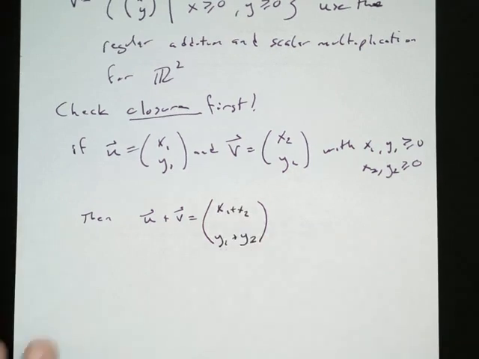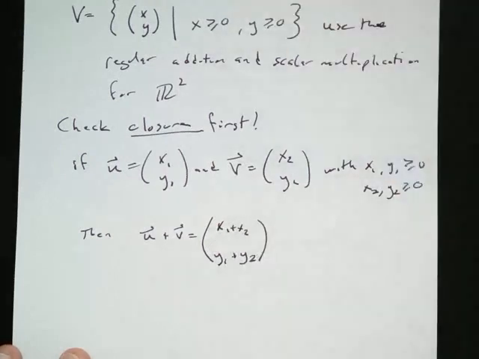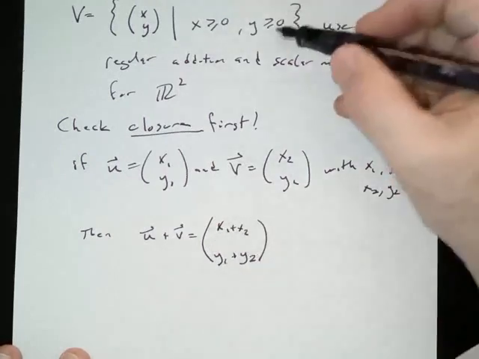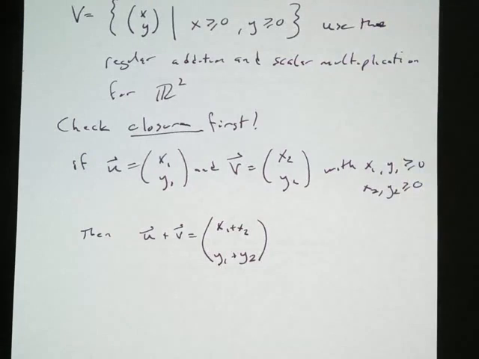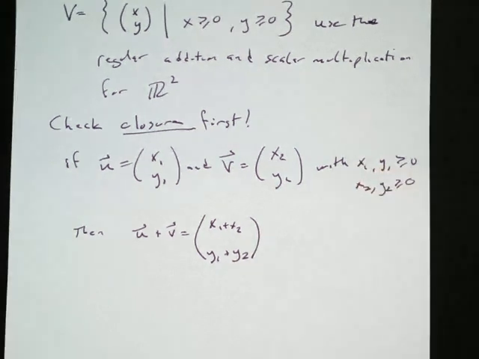Now, in order to be a member of my set, this thing must satisfy this property. This thing must satisfy this property. Is that true? It absolutely depends on the numbers, but what do I know about these 4 numbers? So when you add 2 things that are greater than or equal to 0, your result is greater than or equal to 0.